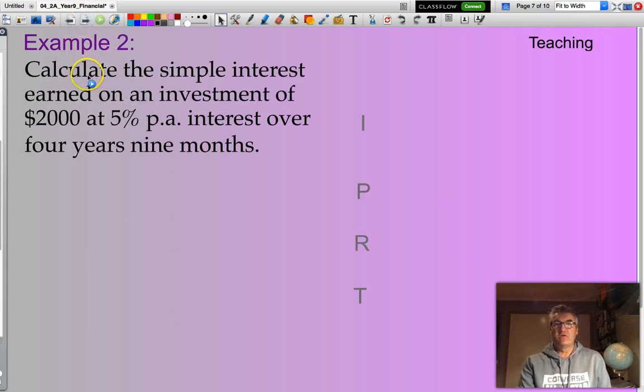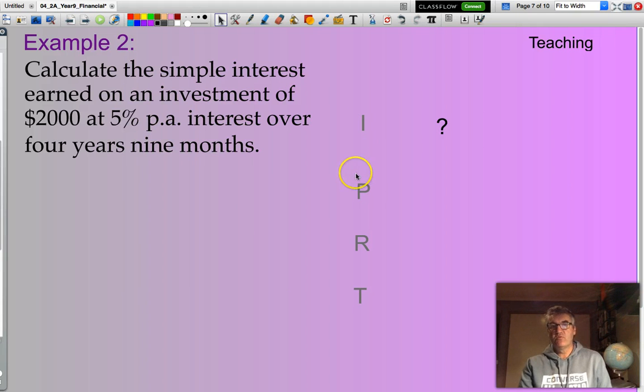This time, calculate the simple interest earned. I'm depositing money in the bank on an investment of $2,000 at 5% per annum interest over 4 years and 9 months. Again, what am I looking to find? I'm looking to find the simple interest.